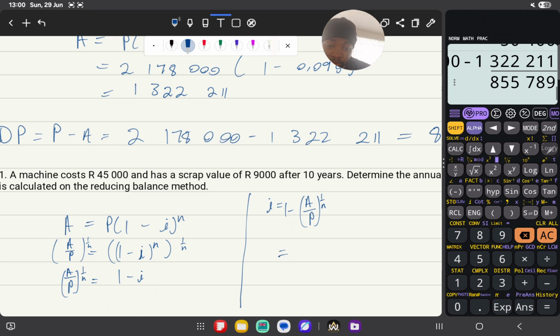Now I substitute. Here people can confuse the value of A and P. Remember, the value of A is always lower than the value of P when we're talking about depreciation. 1 minus.